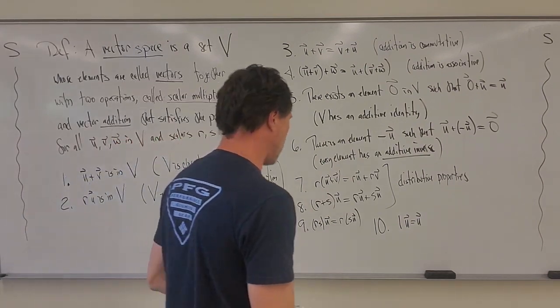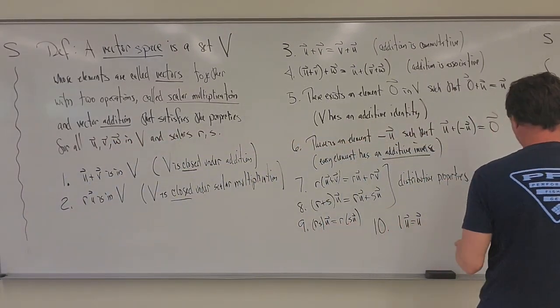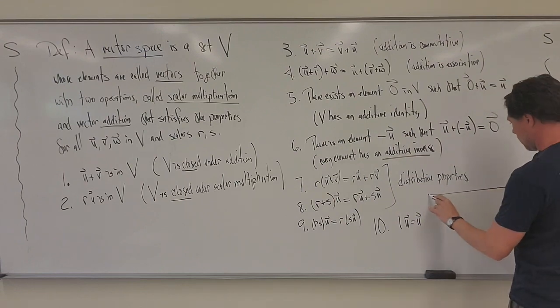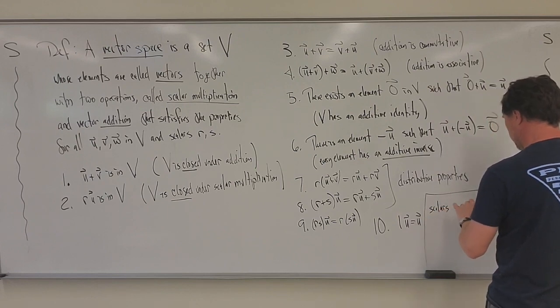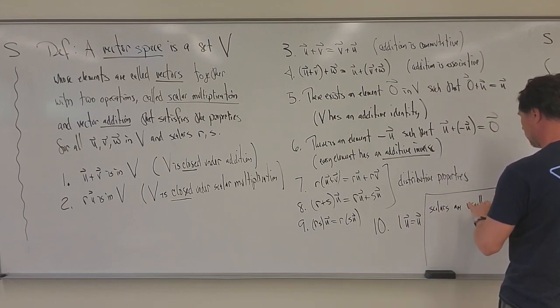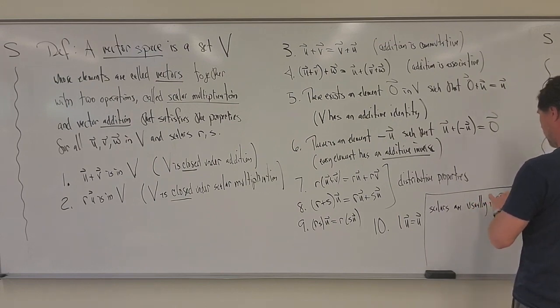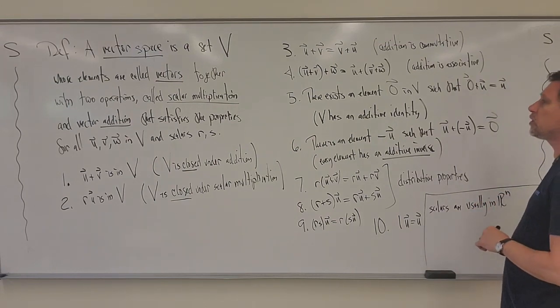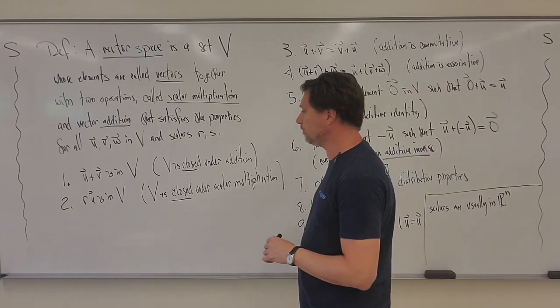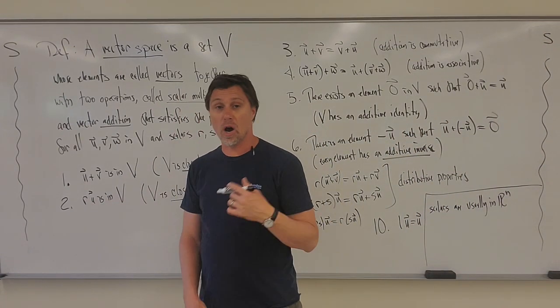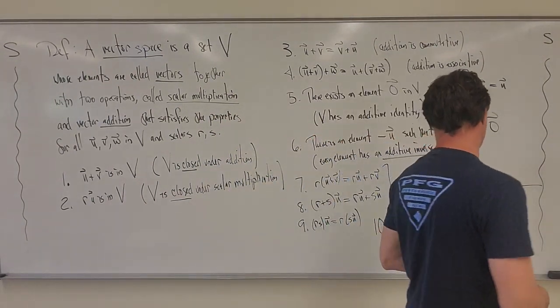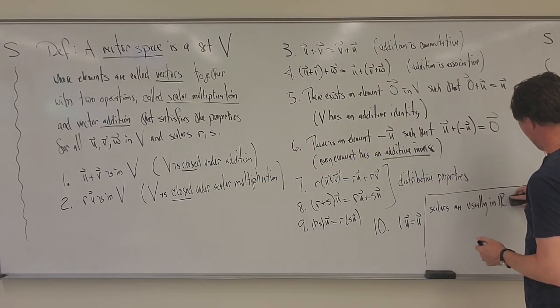One thing to note here, and I'm going to write this down before I erase everything. So scalars are usually in Rn. All right, so typically when we do scalar multiplication, this operation right here, the constant comes, oops, not from Rn, sorry, from R, not Rn.